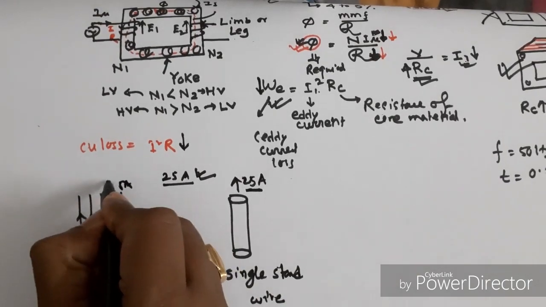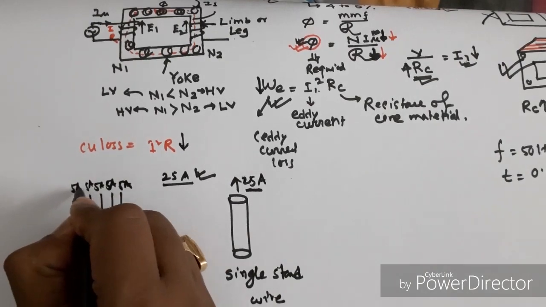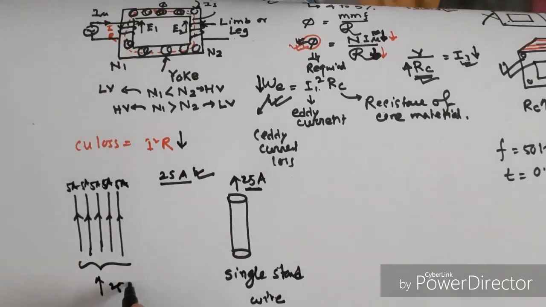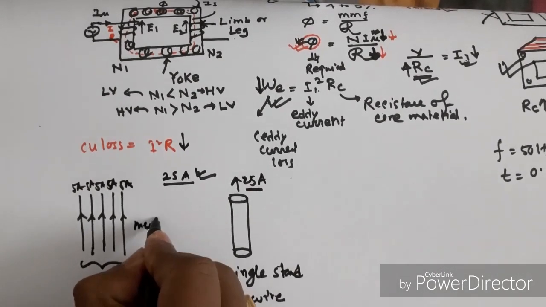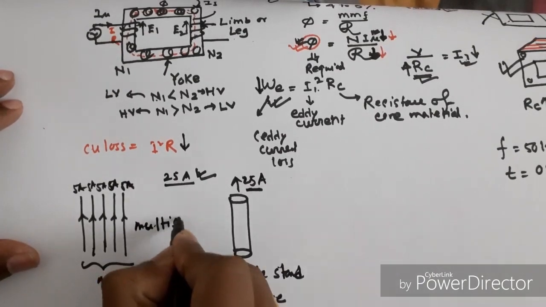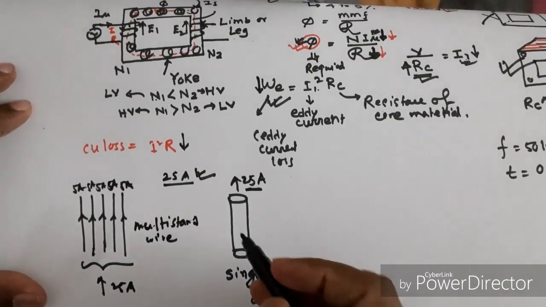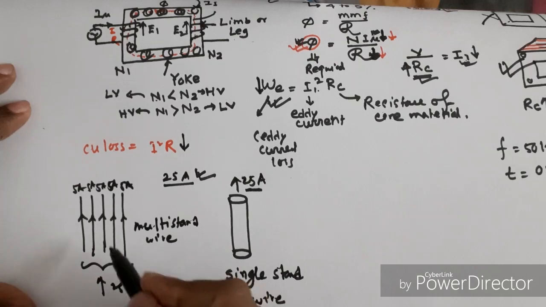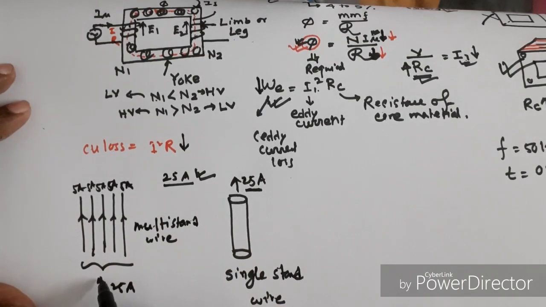This is 5 ampere, 5 ampere, 5 ampere, all have a capacity of 5 ampere. Total is 25 ampere. This is called multi-strand wire. The single wire of capacity 25 ampere is called single strand wire, and multiple conductors with the same 25 ampere capacity is called multi-strand wire.